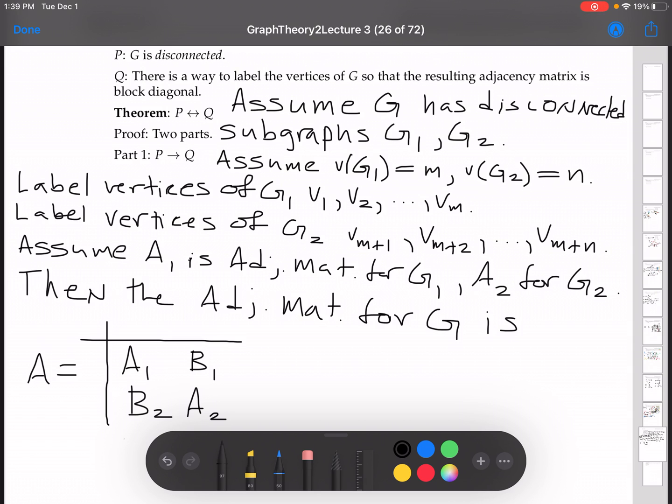Now, since G1 has vertices V1 to Vm, and A1 is the adjacency matrix for G1, A1 contains all of the adjacency or edge information for the subgraph G1. If you think about the way we've labeled these, we've labeled them V1, V2, all the way up to Vm, and then Vm plus 1, Vm plus 2, all the way up to Vm plus n.